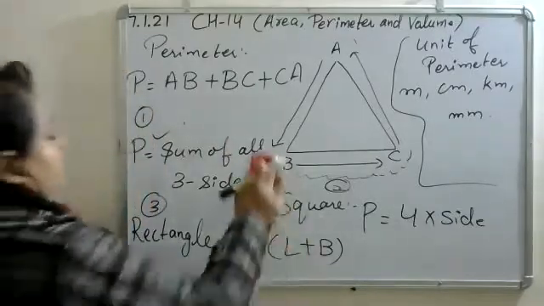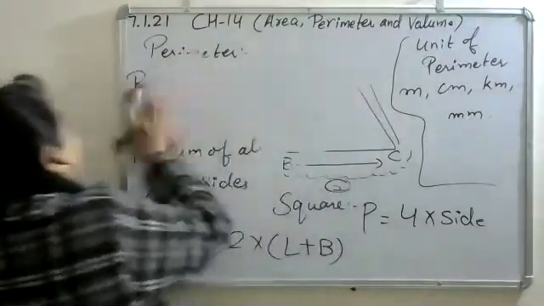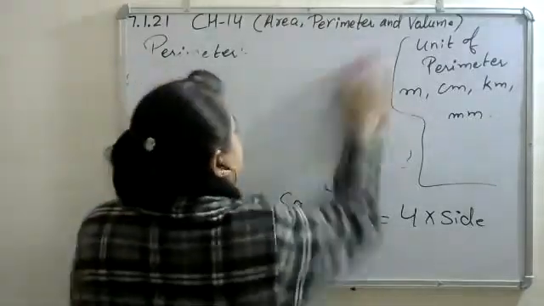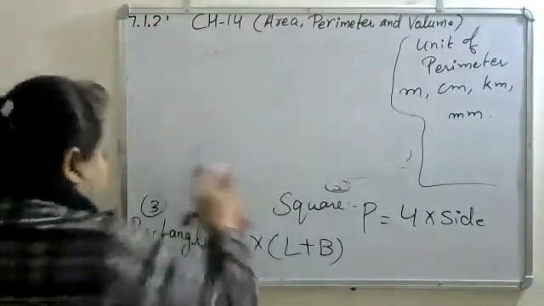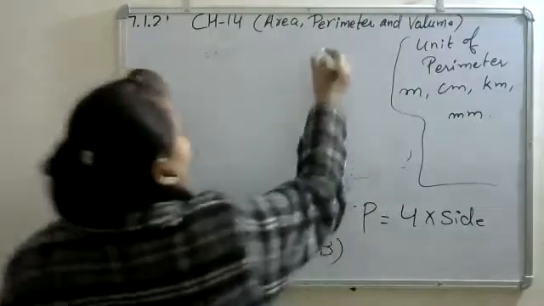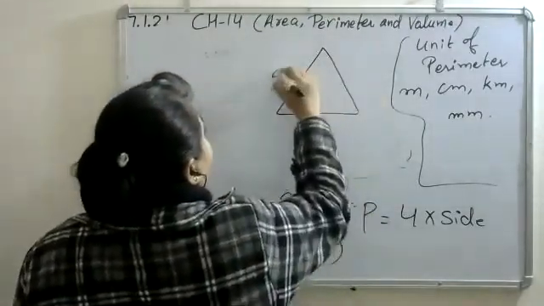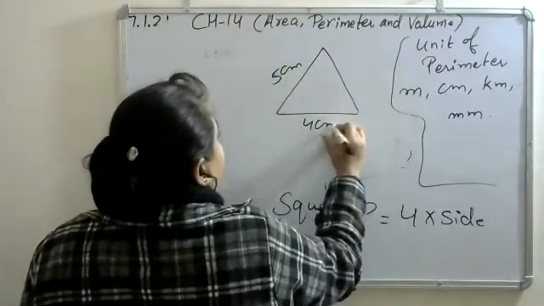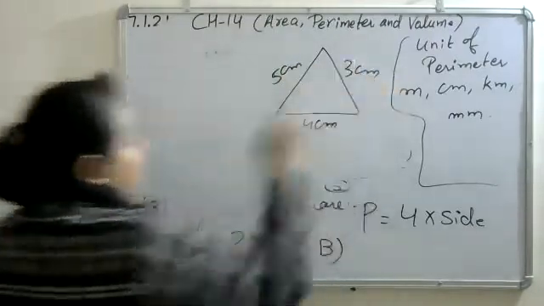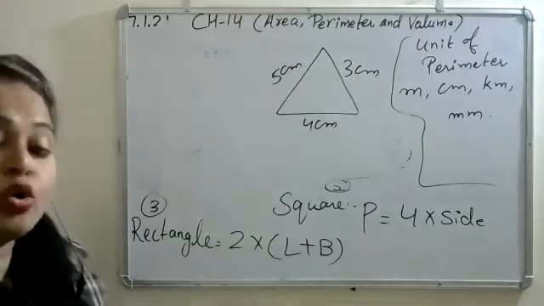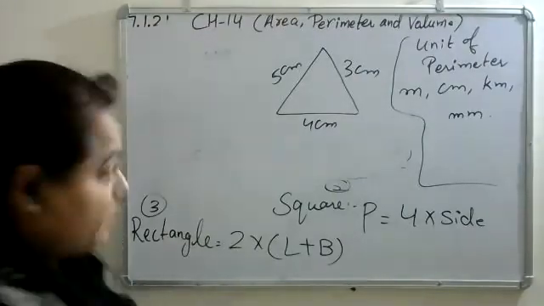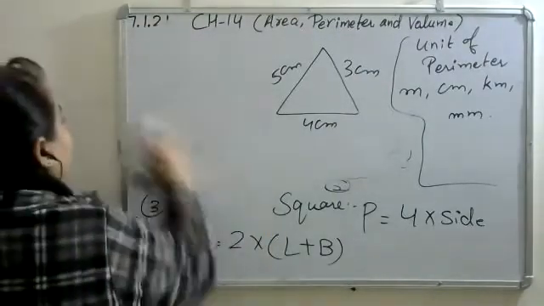If I have a triangle like this. Look Divya, if we have a triangle like this, and here 5 centimeter, 4 centimeter, 3 centimeter are written, and the question is to find the perimeter, then apply the formula.